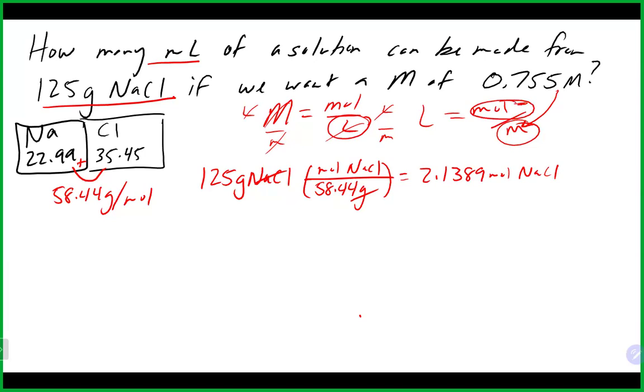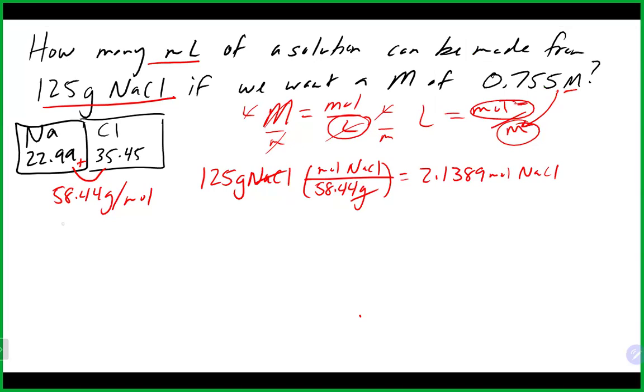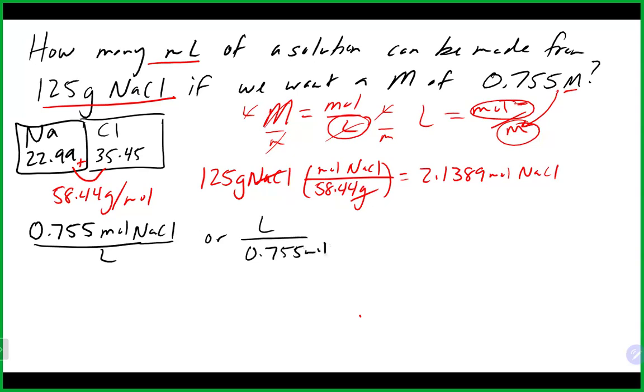I am again going to get rid of the big M as I talked about earlier and replace it here with the 2 units, and again take a more dimensional analysis approach so I do not forget how things should cancel out. So when you have that 0.755 big M, that means moles per liter of sodium chloride, and that would then be liters over 0.755 moles of sodium chloride.